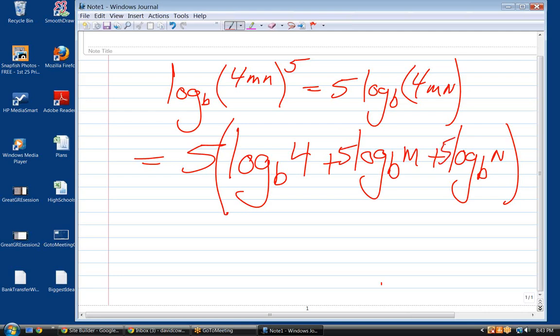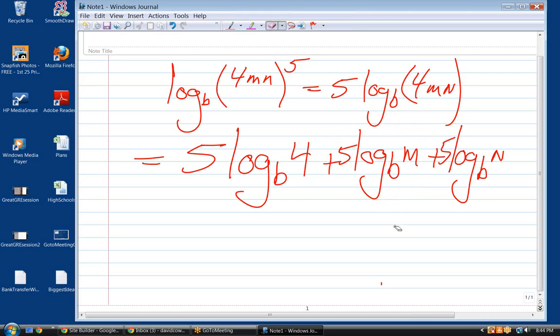And if it ever becomes confusing as to which to do, then look at the problem a different way. If we apply that 5 first, we're going to have a 4 to the 5th power. We're going to have an m to the 5th. So this is definitely correct, because that turns back into m to the 5th, and this turns into n to the 5th. And this turns into 4 to the 5th.